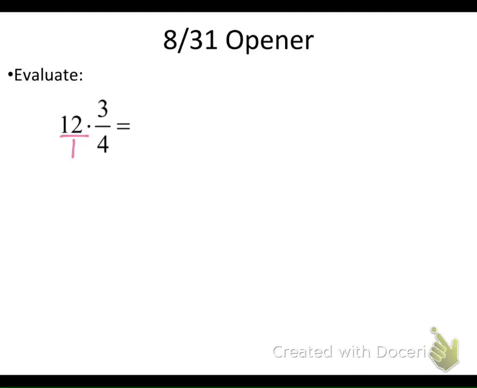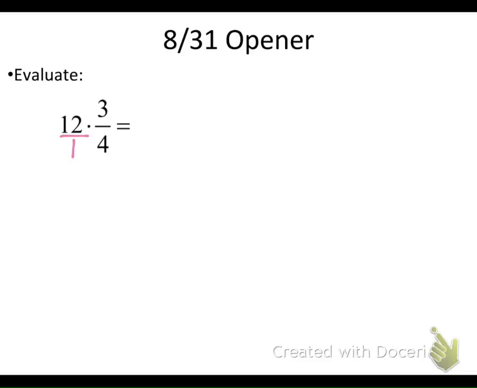I like to simplify at the beginning. So if you're looking at your notes, step 1 says reduce any numerator with any denominator. So Brendan, looking at this, can you reduce any numerator with any denominator? Can you reduce the 12 and the 1? What about the 12 and the 4? What are they both divisible by? 4.